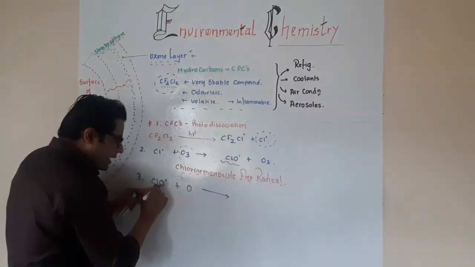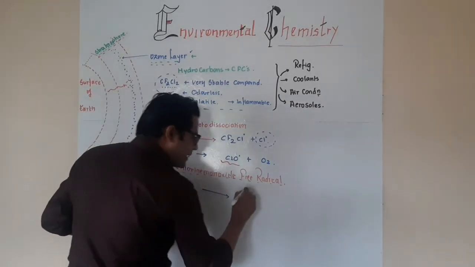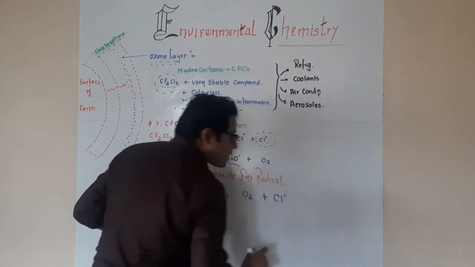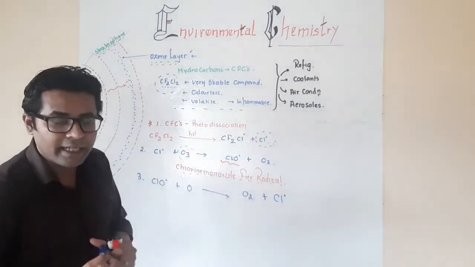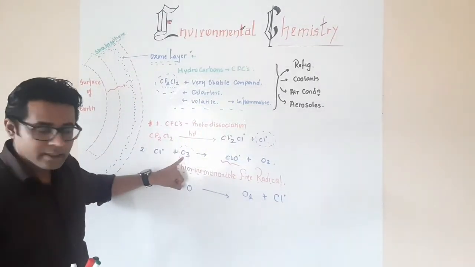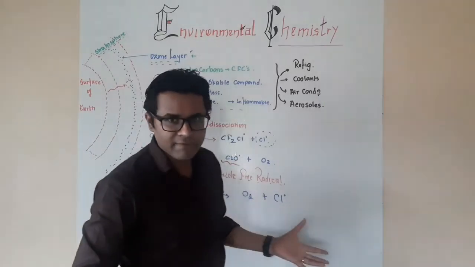As it reacts, these two combine to give us an oxygen molecule plus a chlorine free radical formed back again. In short, it has broken this down to oxygen level.